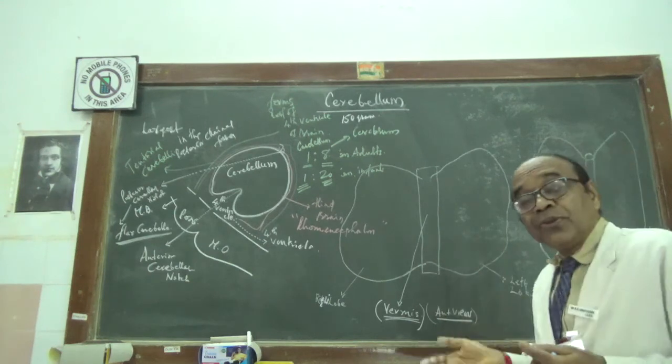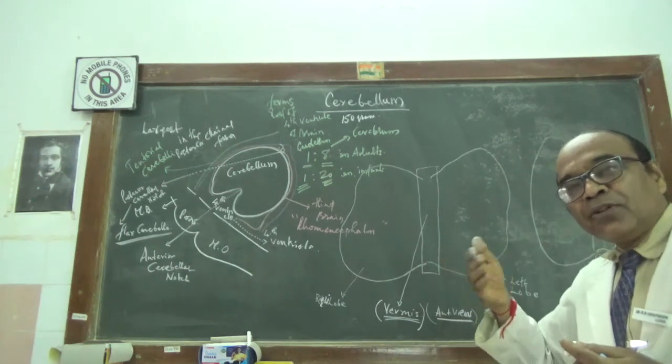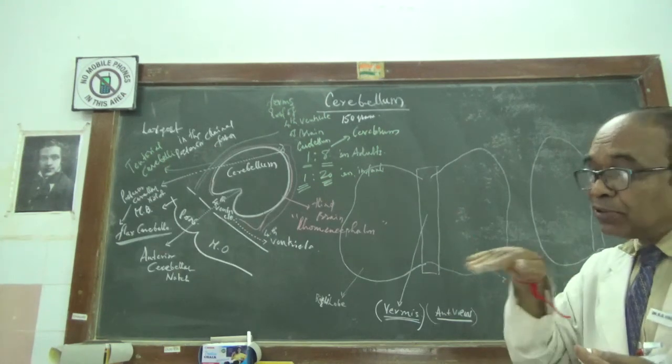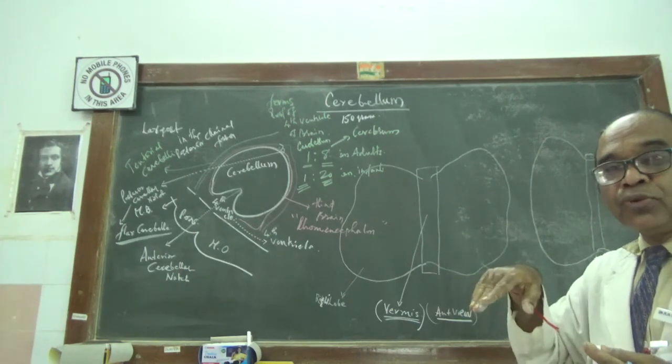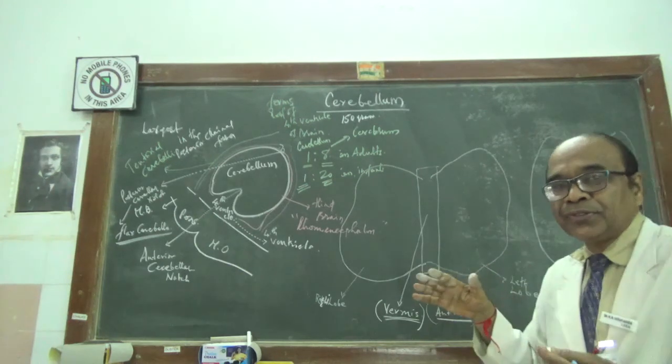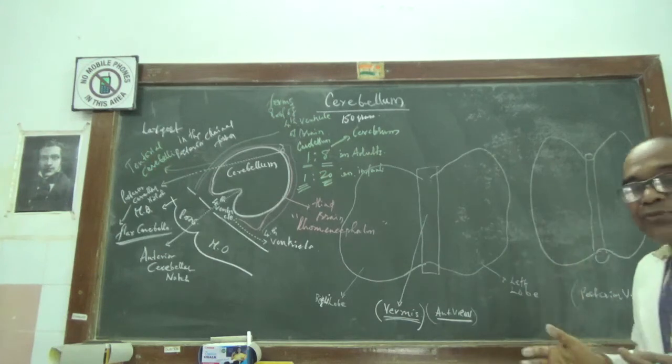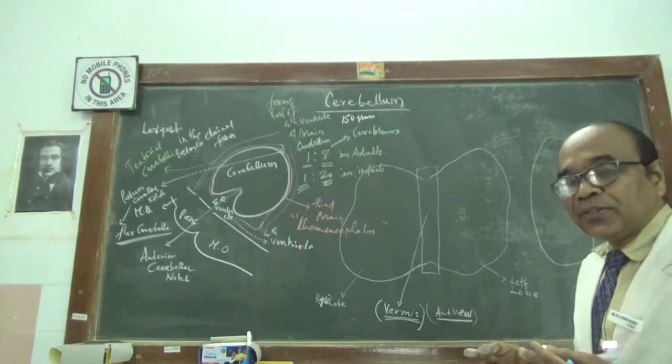So on the lobes you have lobules, and the indented part of the grey matter between two lobules is called a fissure. There are fissures and lobules on the lobes of the cerebellum.